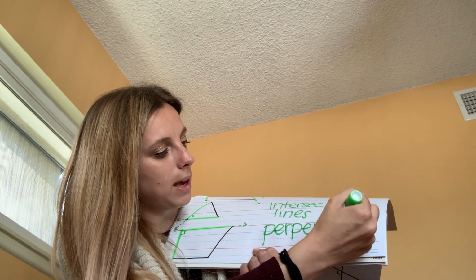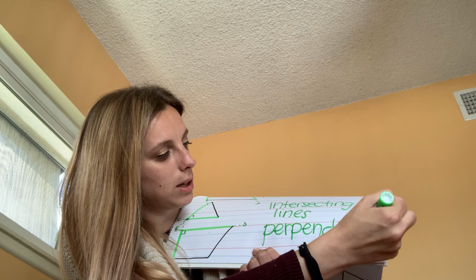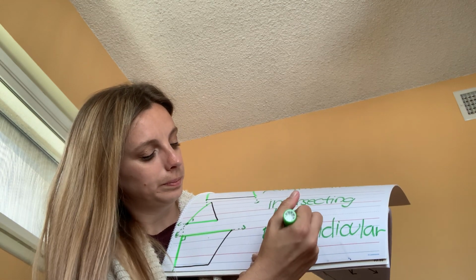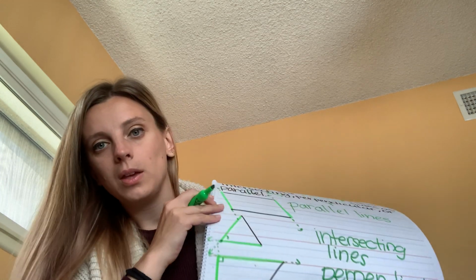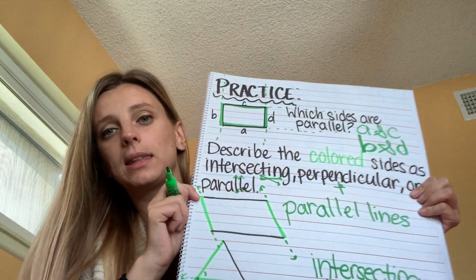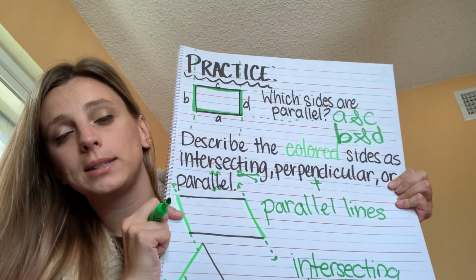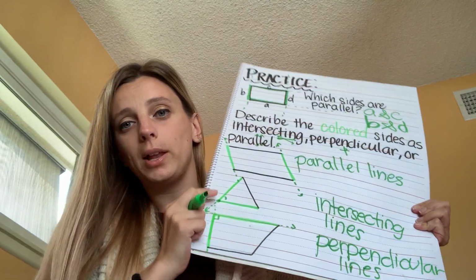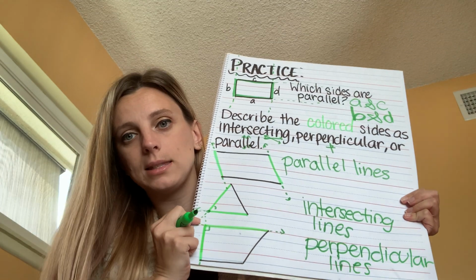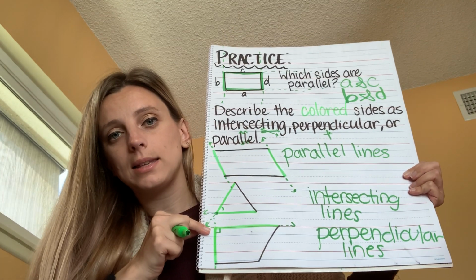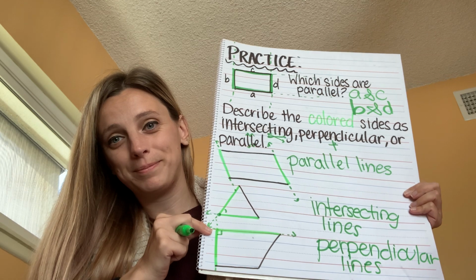So these would make perpendicular lines. So when I describe these lines, I could say that this polygon has a set of parallel lines, this polygon has a set of intersecting lines, and this polygon has a set of perpendicular lines.